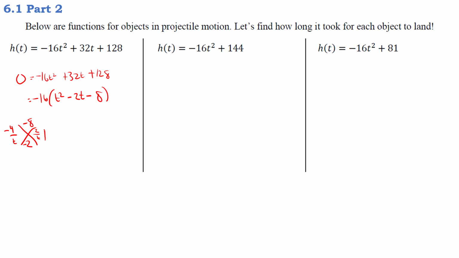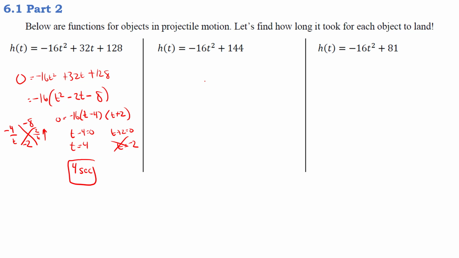So bottoms up, in which case we got 0 equals negative 16 times t minus 4 times t plus 2. And if we take t minus 4 equals 0, and t plus 2 equals 0, we get t equals 4 or t equals negative 2. And again, negative 2 can't go back in time, so we got 4 seconds.